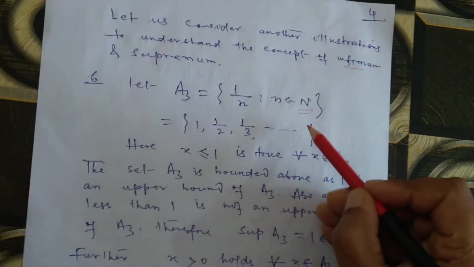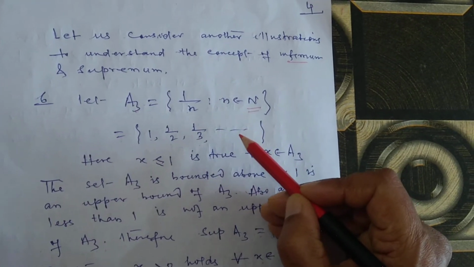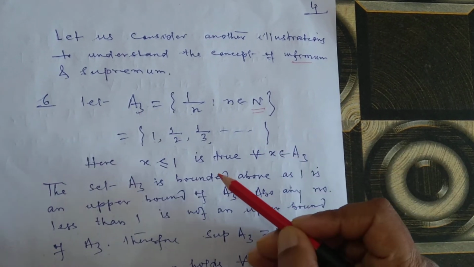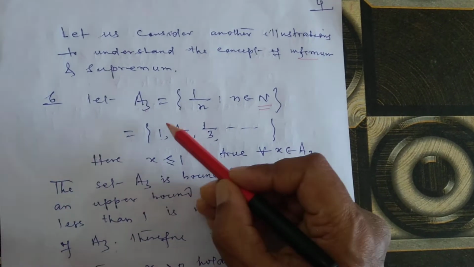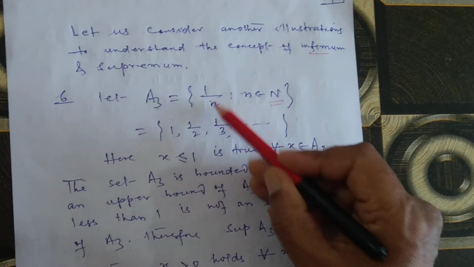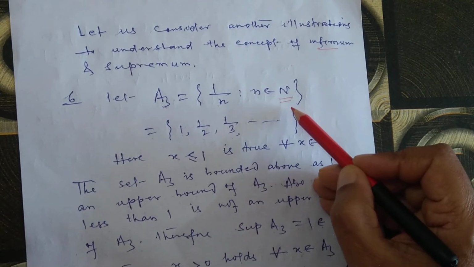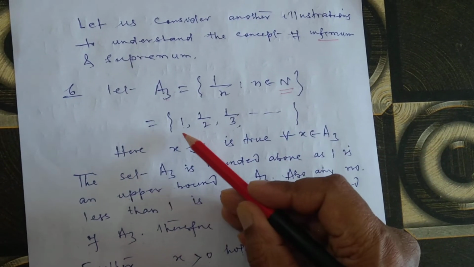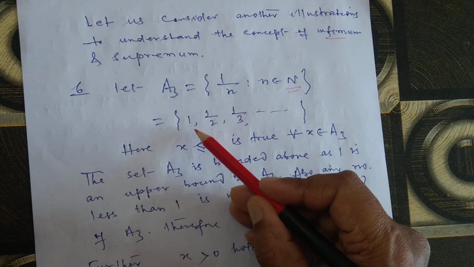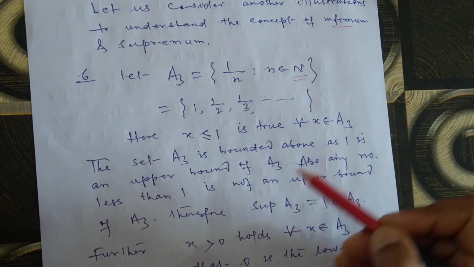Let us consider another illustration to understand the concept of infimum and supremum clearly. Let A3 be the set of all 1 by n such that n belongs to the set of natural numbers, that is a set containing 1, half, 1 by 3 and so on.